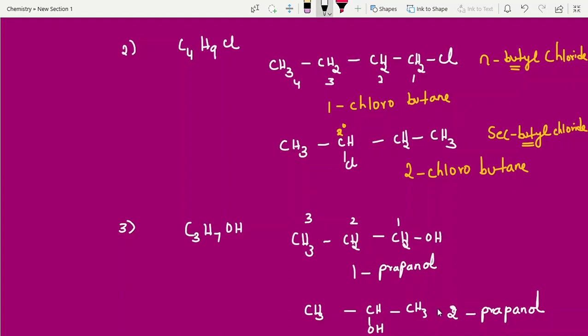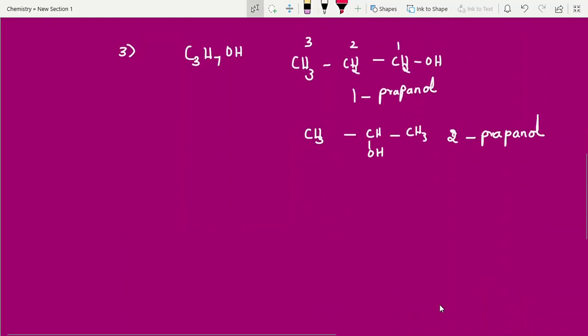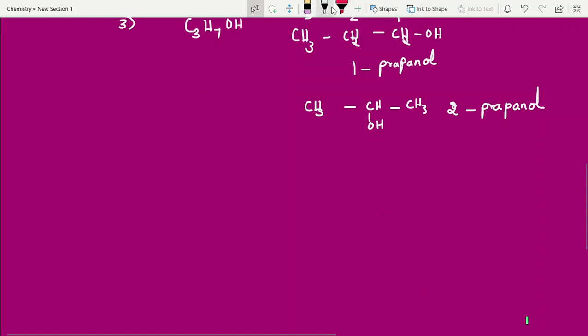Clear? Now, one most important note point, students. Let me write the note point first.